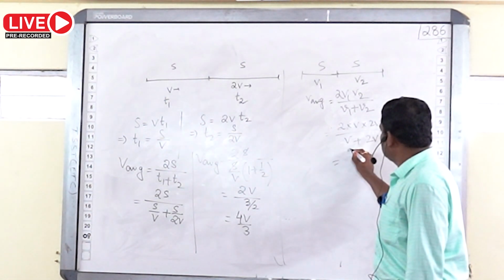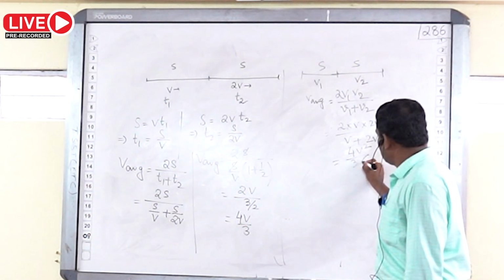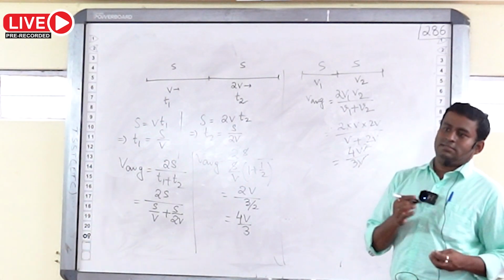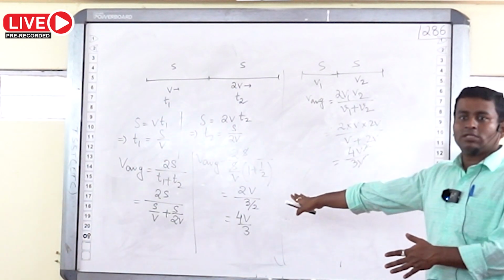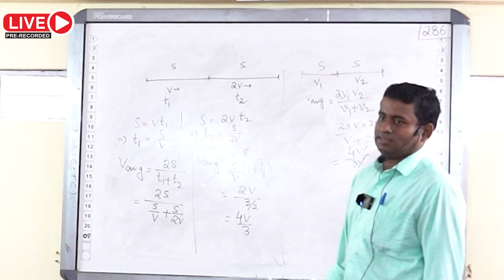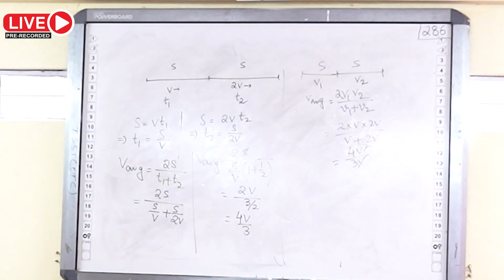That is coming 4v square by 3v. v will cancel, it is 4v by 3. So in the exam we have to use this one, not the entire procedure. So when distance traveled are equal with different constant velocities, then average velocity for those two parts will be 2v1 v2 by v1 plus v2. You have to remember this one. Okay.